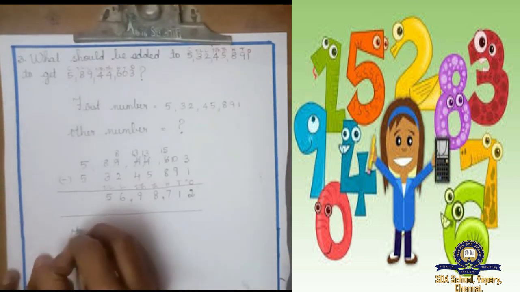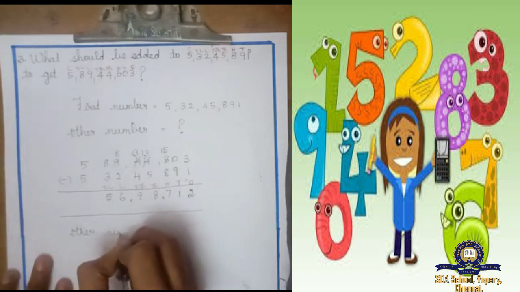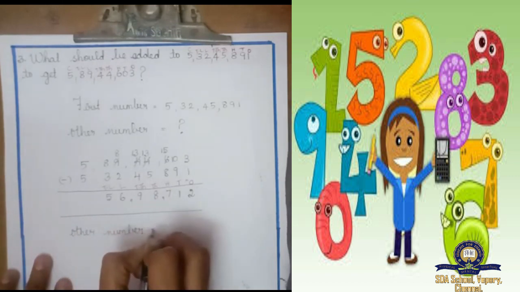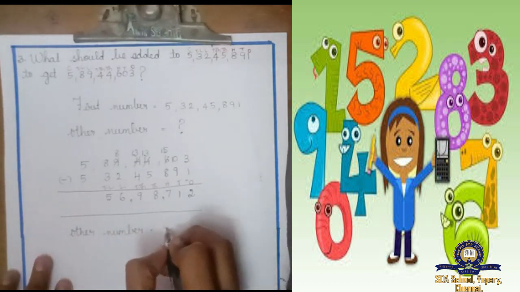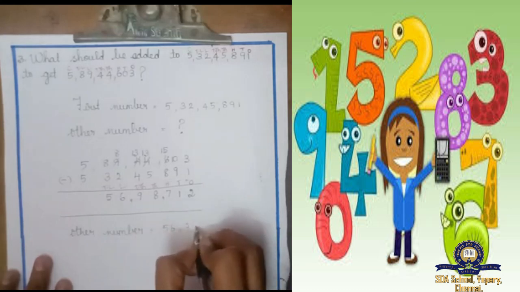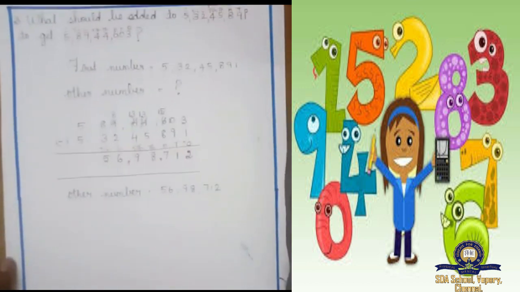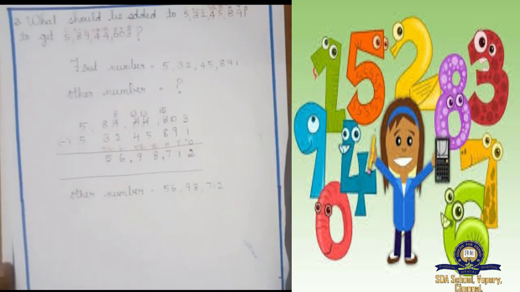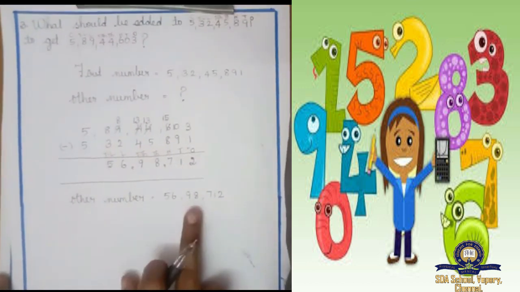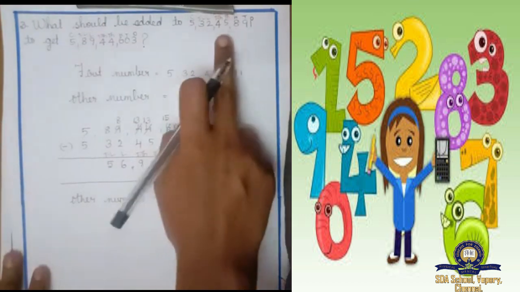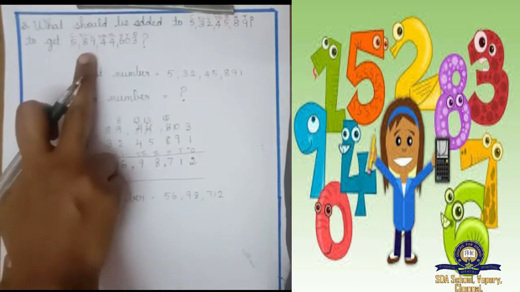Now we have found the answer. What we found? We found the other number, that is 56 lakhs 98,712. So what should be added? Only this is the number. If we add this number and this number, we will get this number.